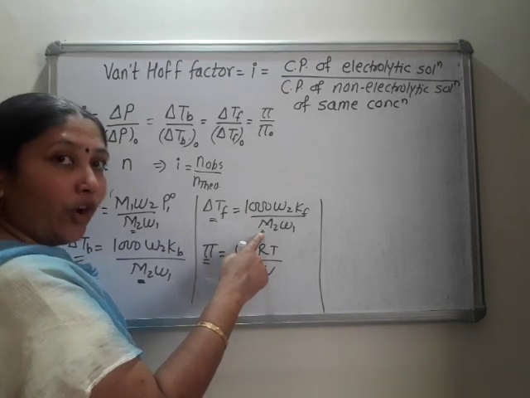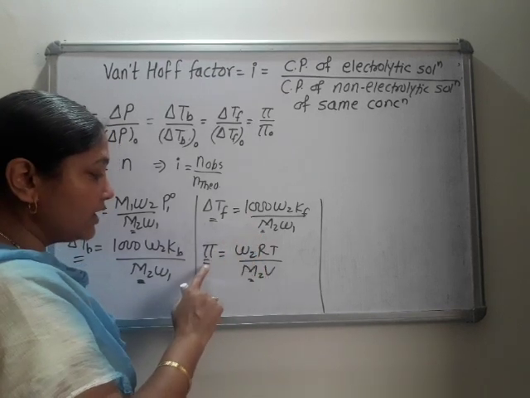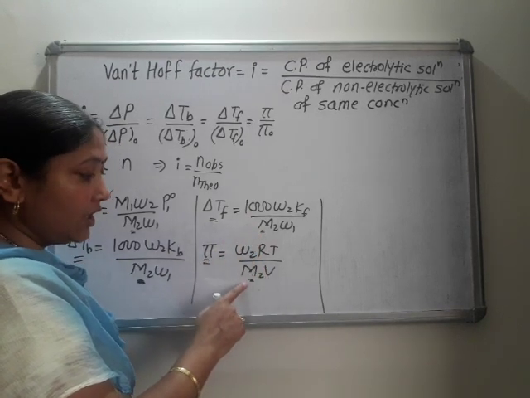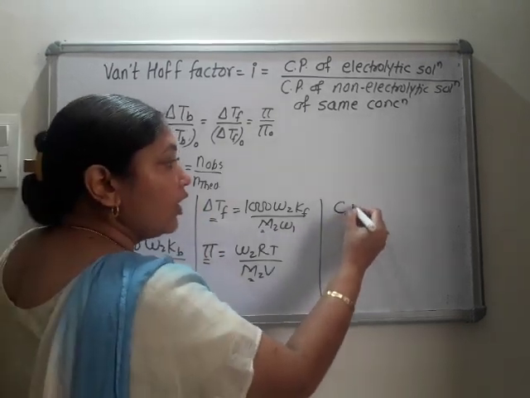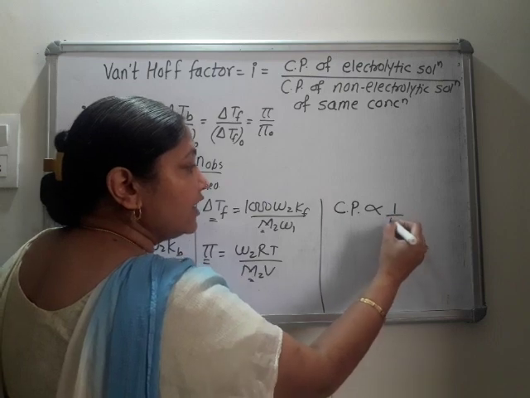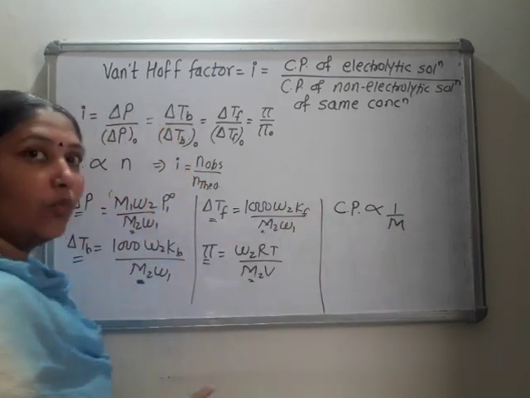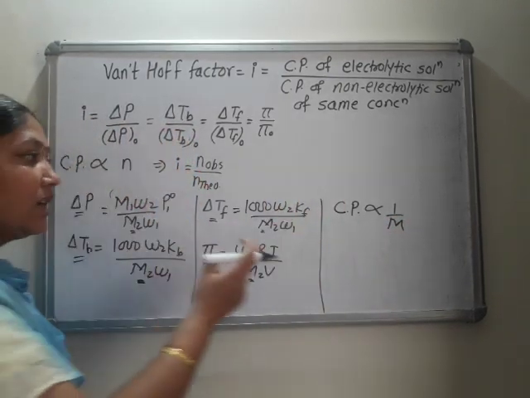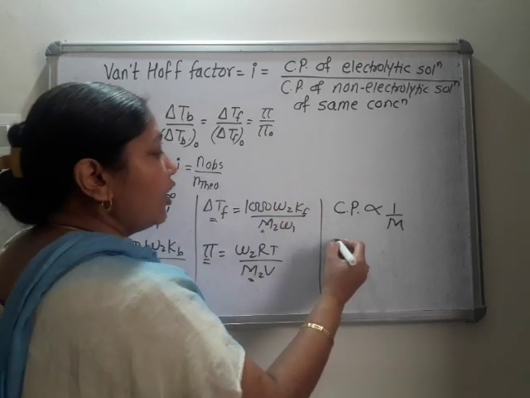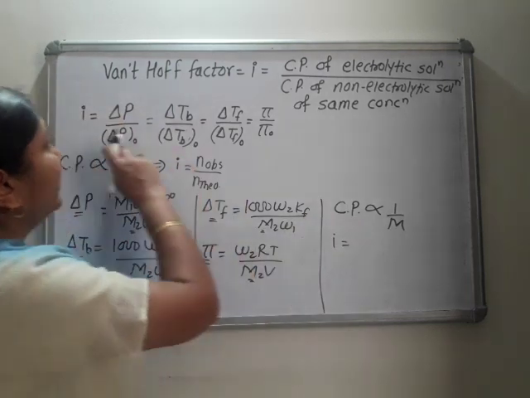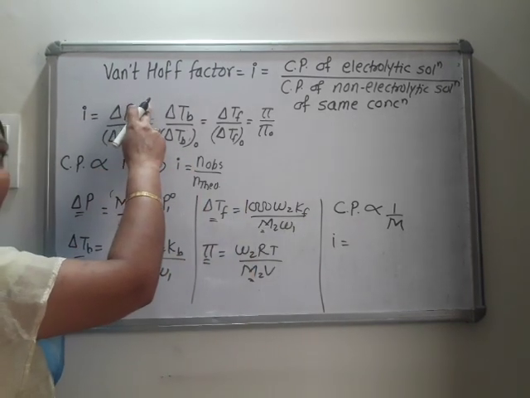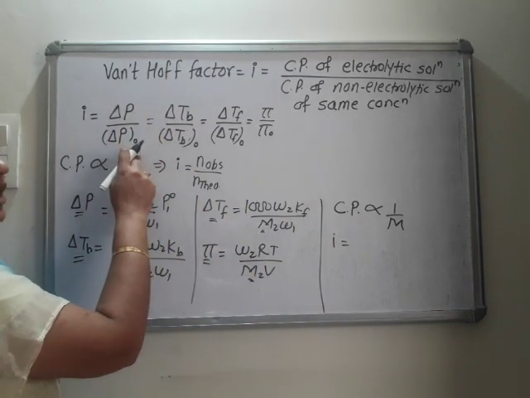Depression in freezing point is inversely proportional to molar mass. Similarly, osmotic pressure is inversely proportional to molar mass. So we can say the colligative property is inversely proportional to molar mass. So we can write here the Van 't Hoff factor, what is the Van 't Hoff factor? i is the colligative property observed upon theoretical.